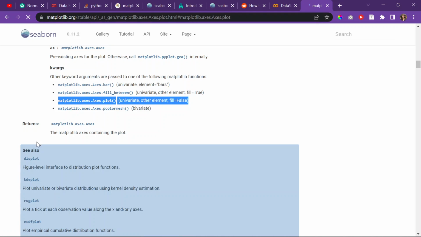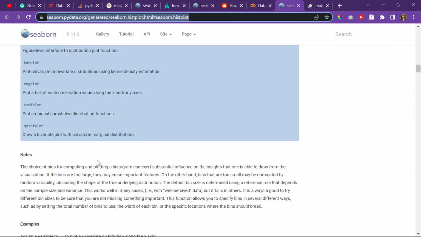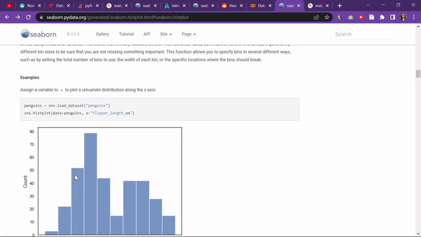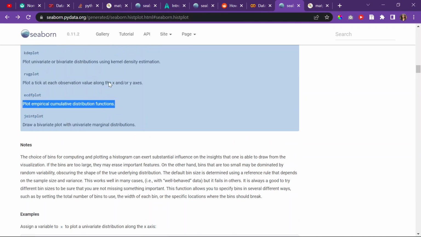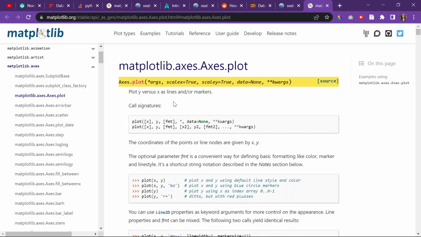Maybe it's this one. Oh my god, wait, I think I just saw something that was insane. Did it just say plot empirical cumulative distribution functions? To the CDF function. That's insane. Wait, is that what it does? That's actually really interesting. I'm gonna come back to that. I'll watch the video back and see.